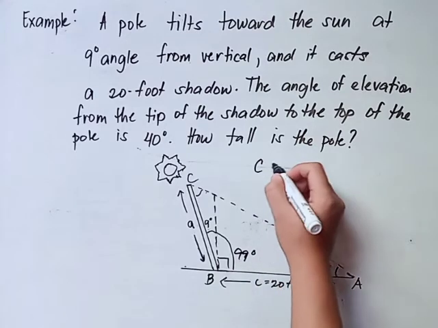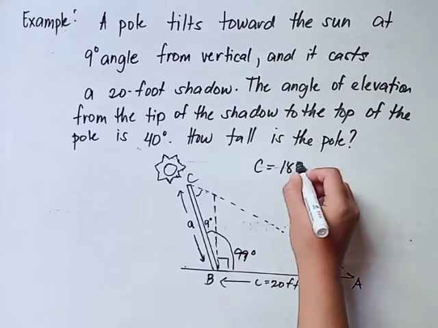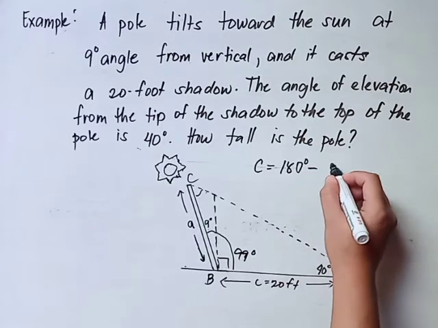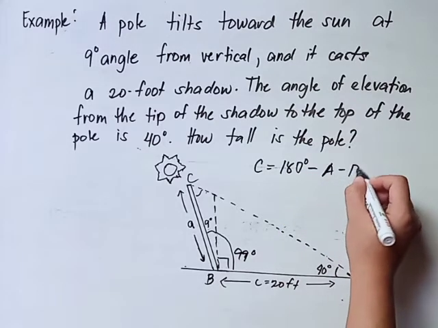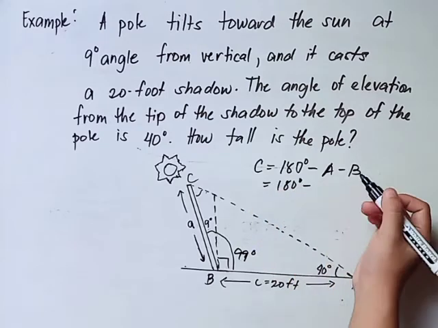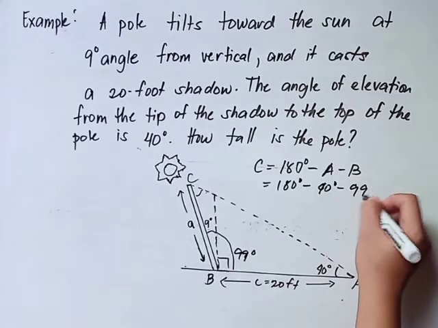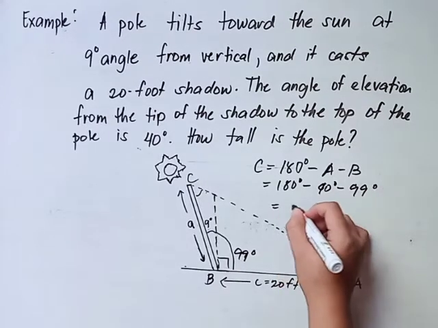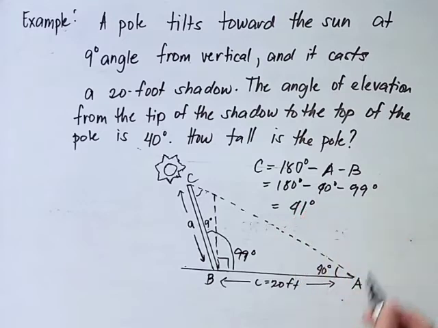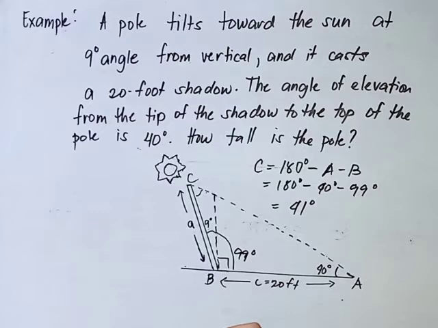Therefore, angle C is equal to 180 degrees minus A minus B. So that is 180 degrees minus 40 degrees minus 99 degrees, and that is equal to 41 degrees. So this angle measures 41 degrees.